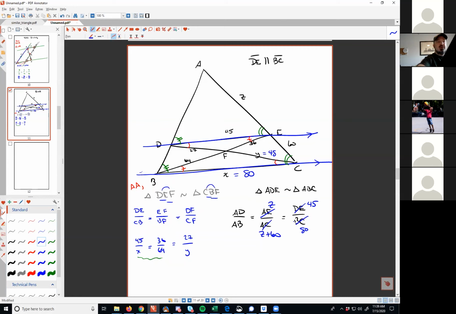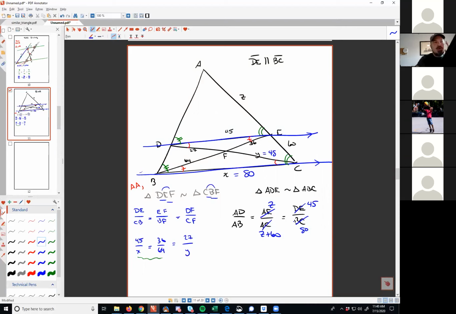Hey, wow, the similarity ratio is exactly the same ratio as before. Right, the proportion of ADE to ABC is the same as the proportion of DEF to CBF. That's interesting to observe.